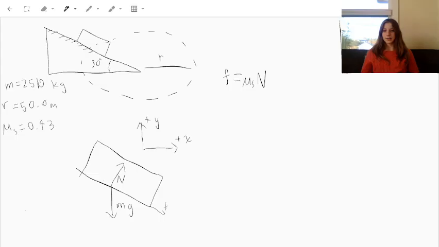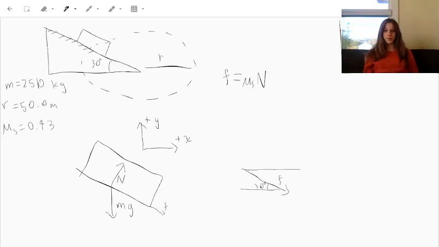But let's say this one isn't our friction. So let me draw it out here. Basically the angle, this is friction. We know that this angle here is 30 degrees, but we want that angle to be at the bottom end of the vector.